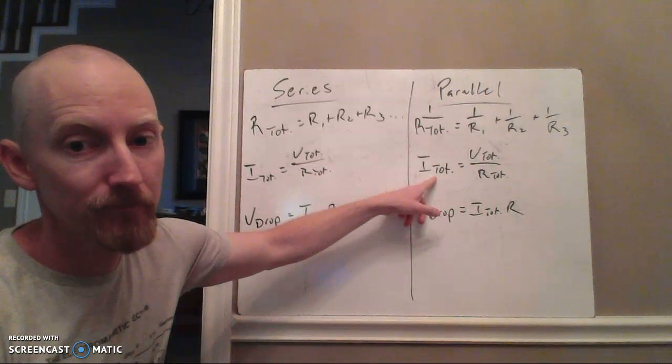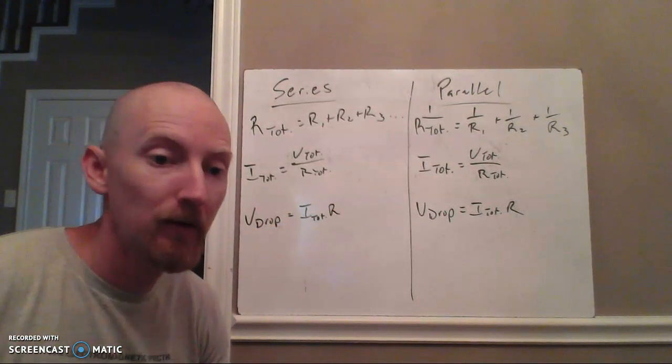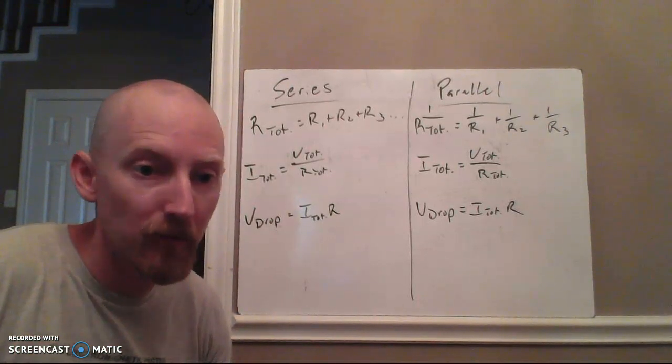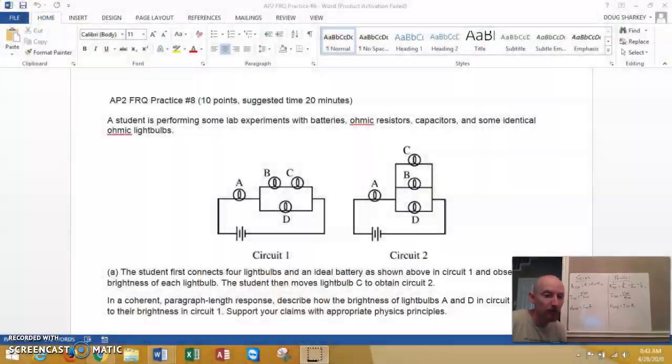That's a thing. And this is why things that are wired in parallel, like all the lights in a room, are all nice and bright. You can add more lights and they're still nice and bright. It's really weird. So what's going to happen here? Well, you have higher resistance here because you have this little series part here.